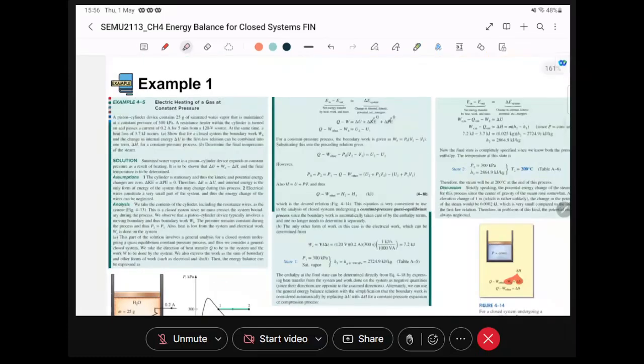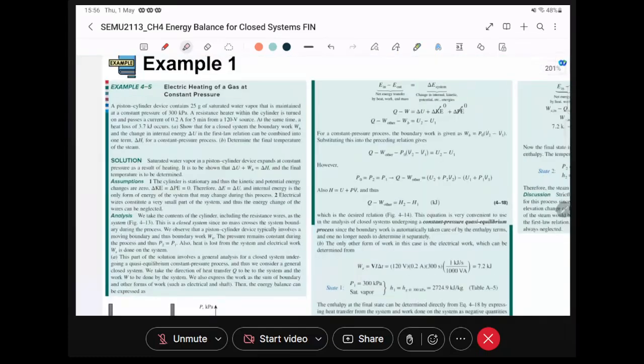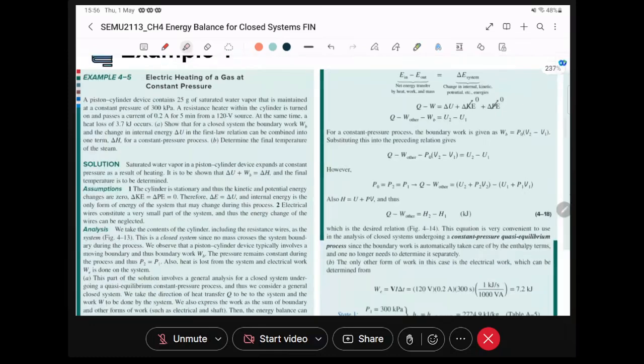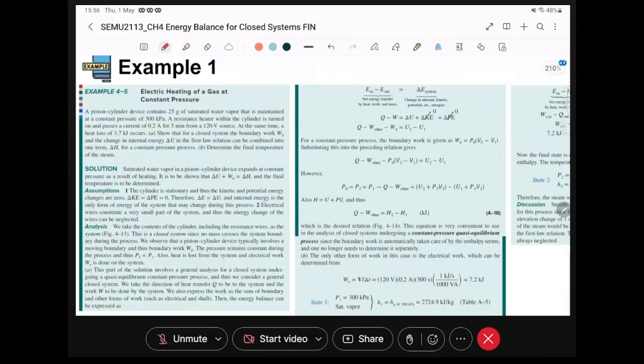So let's look at an example. This example here, a piston-cylinder device, is a very long question. We go back slowly. A piston-cylinder device containing 25 grams of saturated water vapor. So we start with a system with a pure substance.